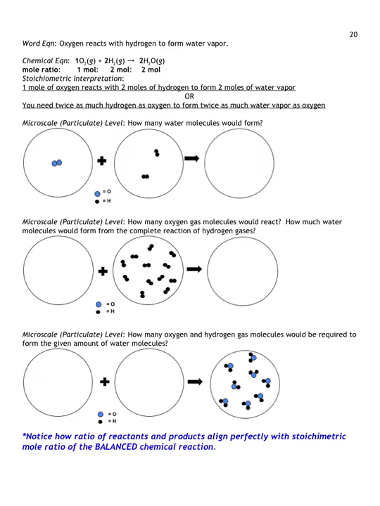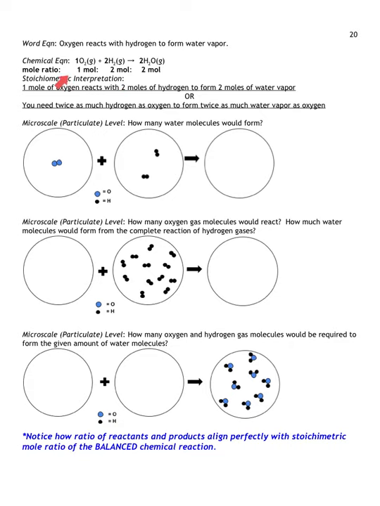In this reaction that you see, where you have oxygen reacting with hydrogen to form water vapor, the mole ratio is for every 1 mole of oxygen that reacts, 2 moles of hydrogen react to form 2 moles of water vapor. Now that's the macro scale. So moles is really a lot of particles.